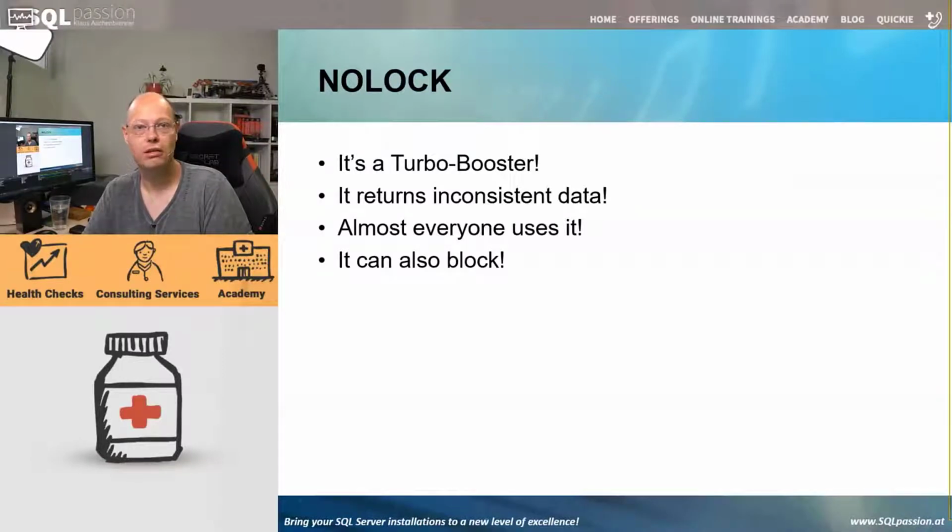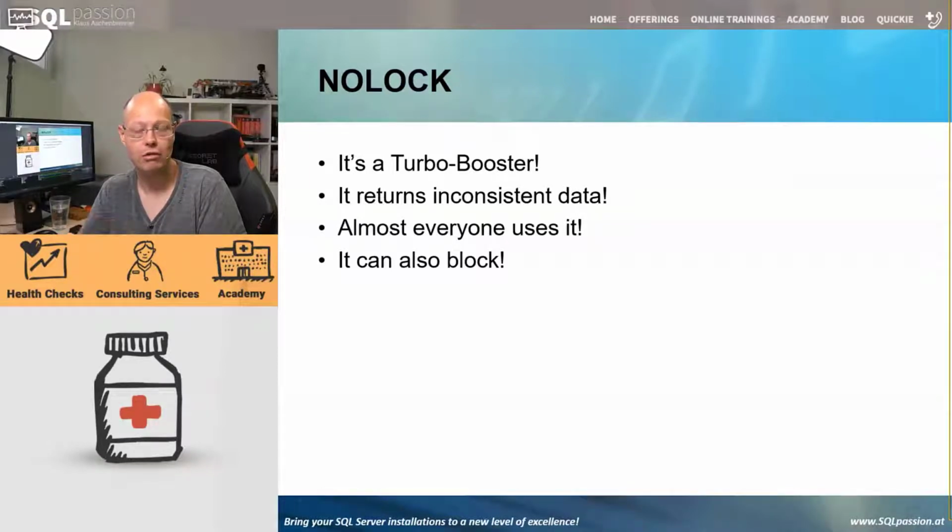Normally, without the NOLOCK query hint, SQL Server acquires a shared lock when we read a record. When we use NOLOCK, SQL Server doesn't acquire that shared lock anymore. That means when someone else concurrently has an exclusive lock on the row that we want to read, we can just read that record because we don't acquire a shared lock.